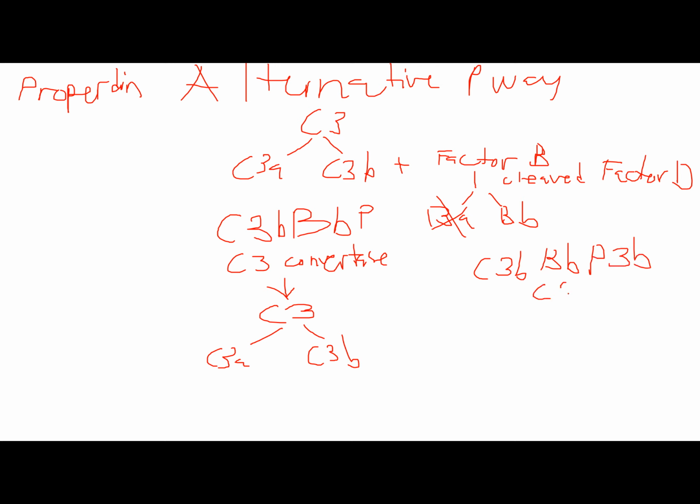And this would now be known as the C5 convertase, which would cleave C5 into C5a, C5b. And C5b, class, would now attach to 6, 7, 8, and 9, forming the MAC, which would lyse the antigen or the pathogen.